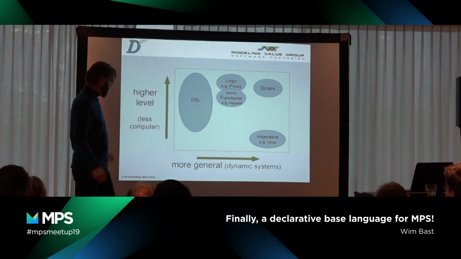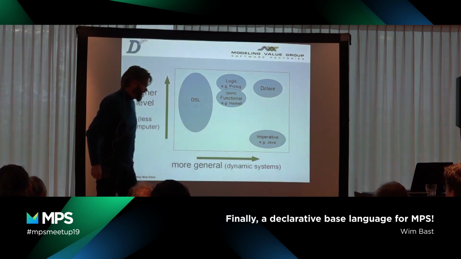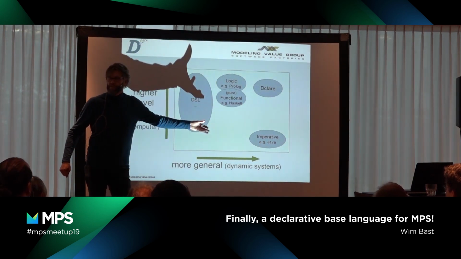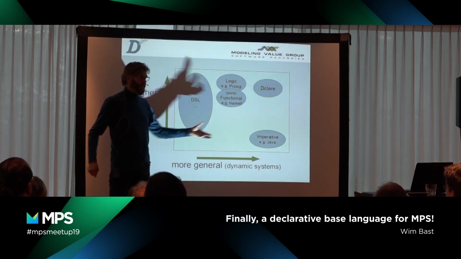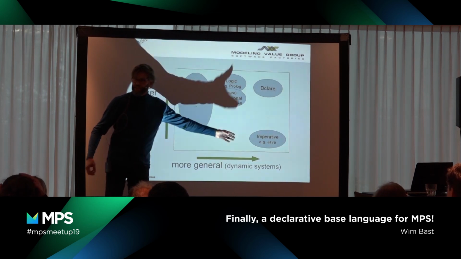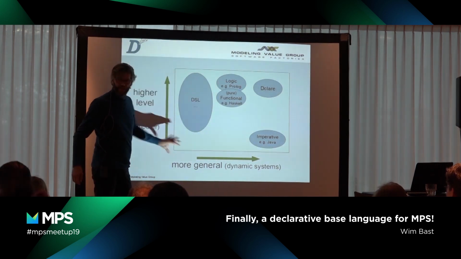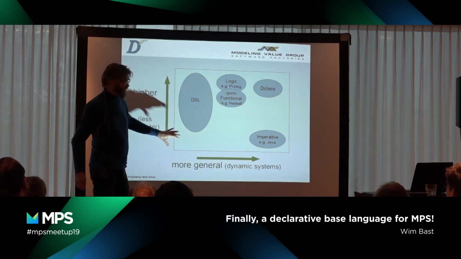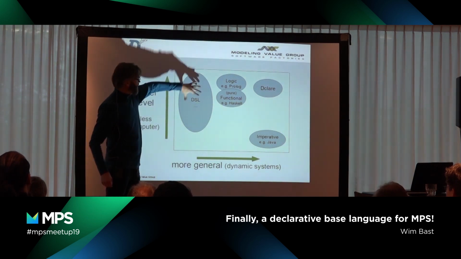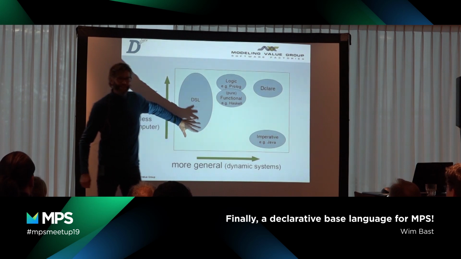The other dimension is whether it's multi-purpose or not. Can we express any problem, however dynamic or static it is? And then you see that DSLs are a little bit here. And if you look at the meta DSLs in MPS, they are not even here, but a little bit here. Understand what I mean?